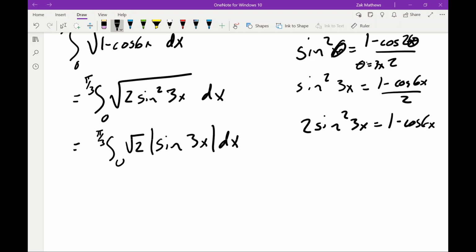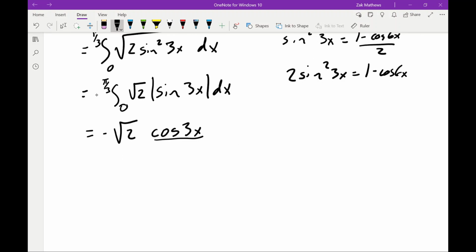Now, if we were to take the antiderivative of this, if we're looking at the integral that we're working with, we're going from 0 to pi over 3, that's strictly going to be positive for sine. So we don't need to worry about that absolute value. We can just take its antiderivative, which is a cosine 3x, and it should be a negative.